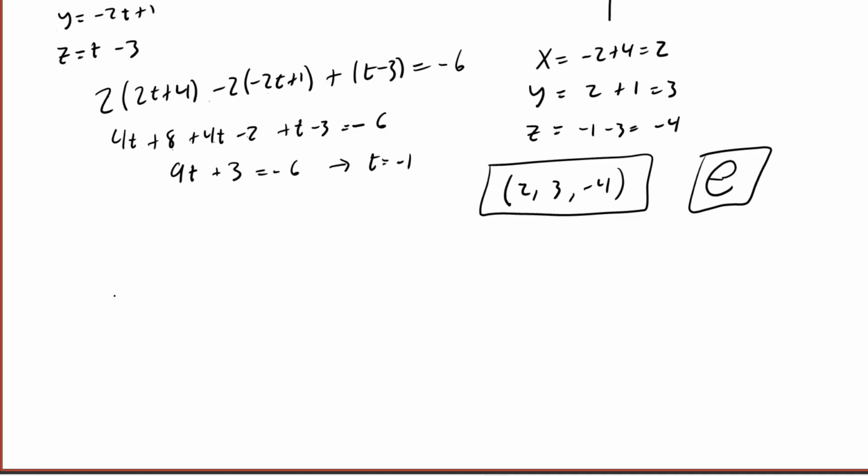So it says, number 5, the planes 2x minus 4y minus 6z equals 1 and x minus 2y minus 3z equals 2 are what? A, parallel, B, coincident, C, intersect in a straight line, D, skew, or E, none of the above.